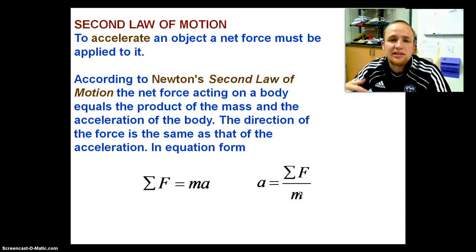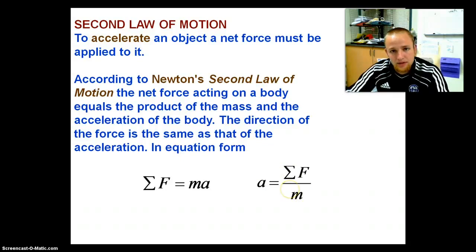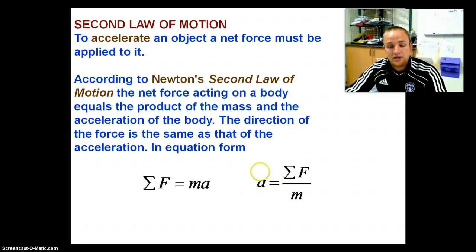So what this really means is if I have a mass and I apply a force to it, then I'm going to cause an acceleration. Depending on the size of that force and the size of my mass, the acceleration is going to change. If I apply a large force to a small mass, then my acceleration will be huge. If I have, let's say, a force of 100 newtons and a mass of 1 kilogram, then my acceleration is going to be a very large 100 meters per second squared, which is a huge acceleration.